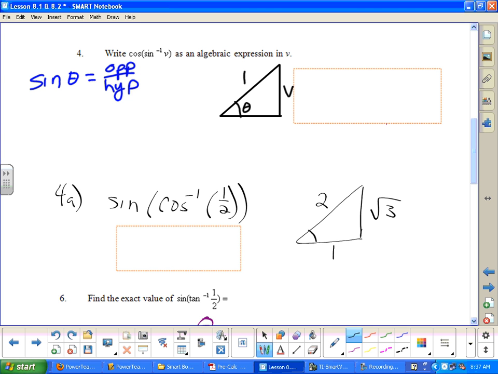Okay. So what's the adjacent side then of this right triangle? How do we find that third side of the right triangle? The Pythagorean theorem. Okay, so we have this unknown, we'll call that x. So x squared plus v squared equals 1 squared.